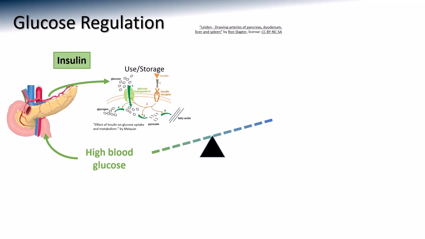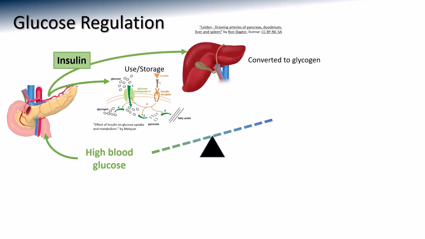Insulin is going to allow our cells to make immediate use of some of this glucose, or it's going to save it away as fat for later. It is also going to allow the liver to convert some of that glucose to glycogen and store it away for easy access later on. And between those two things, that's going to push our blood glucose levels back down to normal.